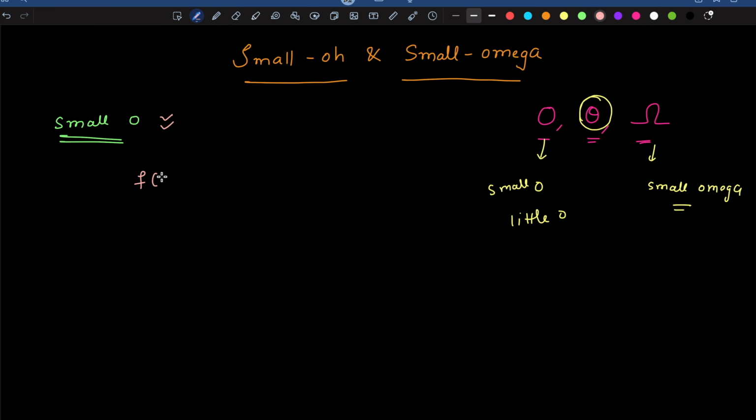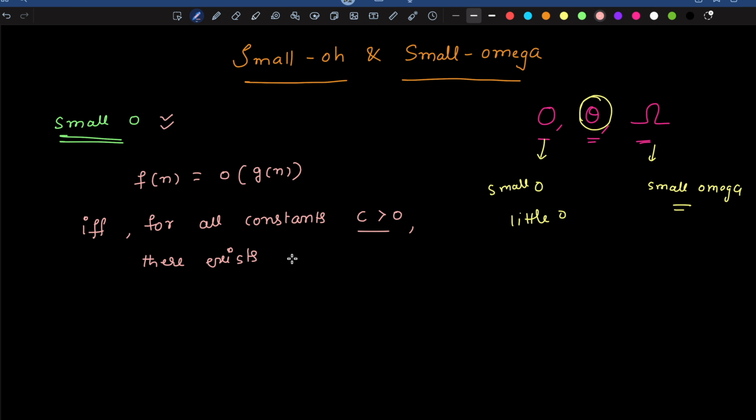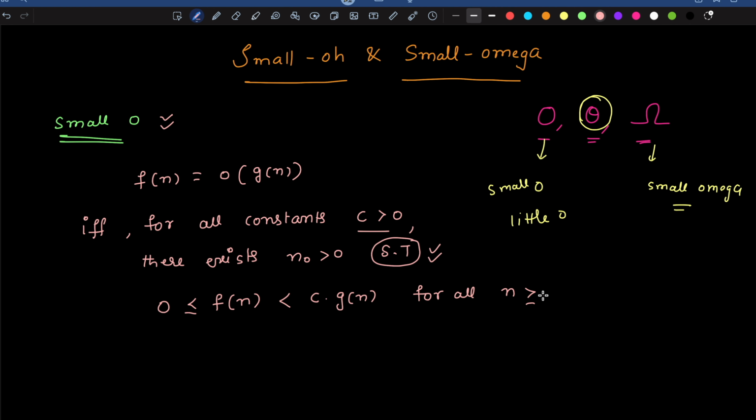We say that f of n is equal to small o of g of n if and only if, I'm just writing IFF, which represents if and only if, for all constants c greater than 0 there exists n0 greater than 0 such that, S.T., which means such that, 0 is less than or equal to f of n, and f of n is strictly less than c into g of n, for all values of n greater than or equal to n0.